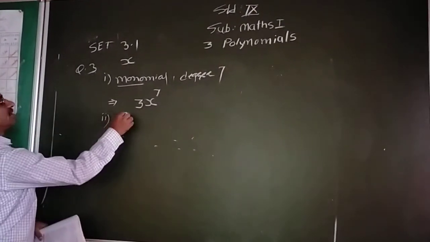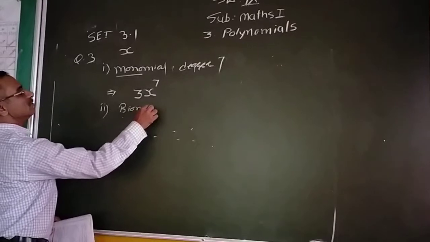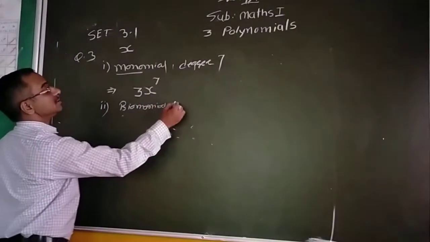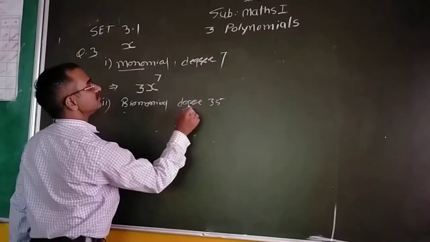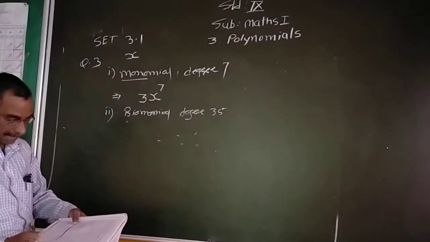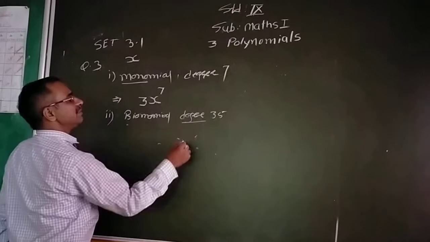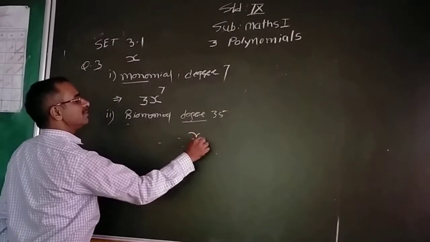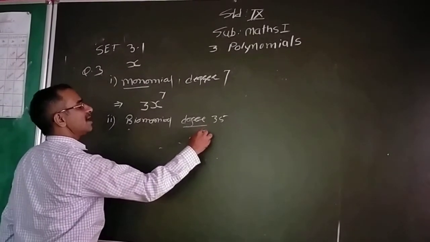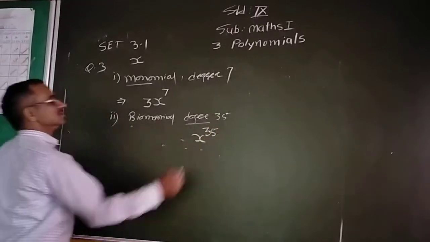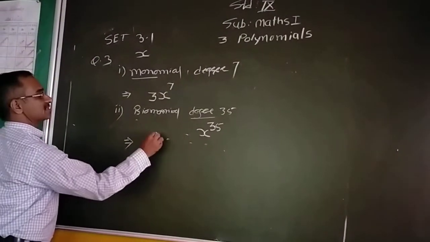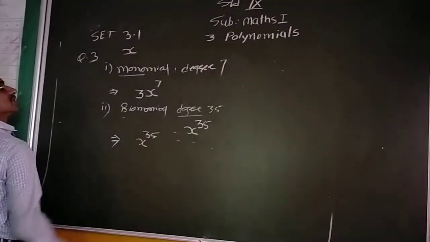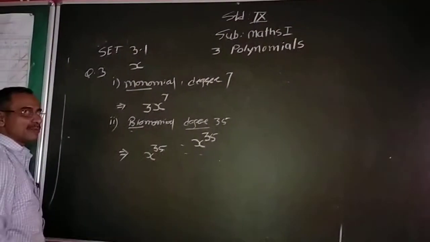binomial of degree 35. What is the degree? Degree means power. What is the highest power of the variable x? It is 35. So we will write here x raised to 35. But here we want a binomial. Means how many terms?